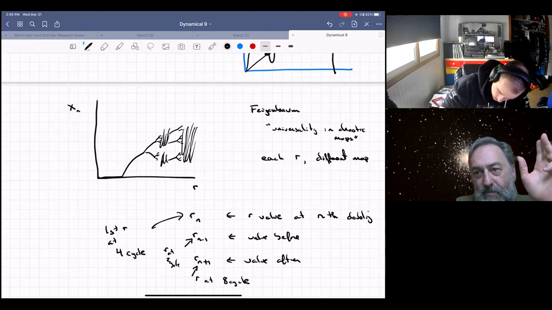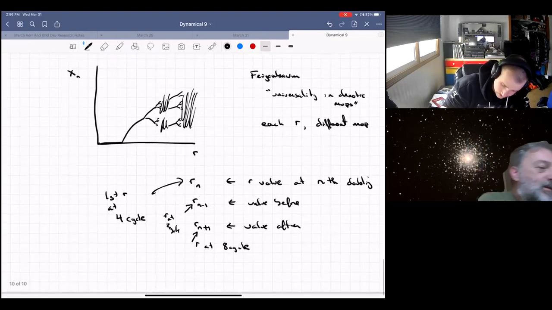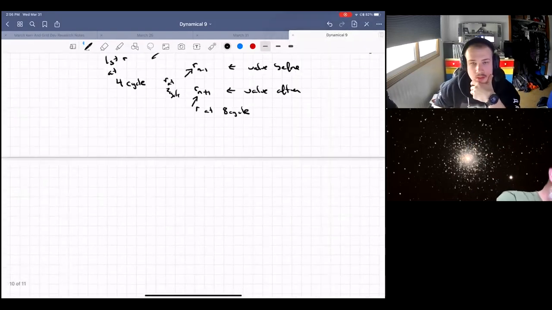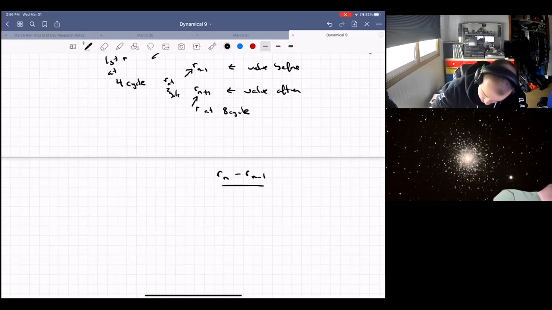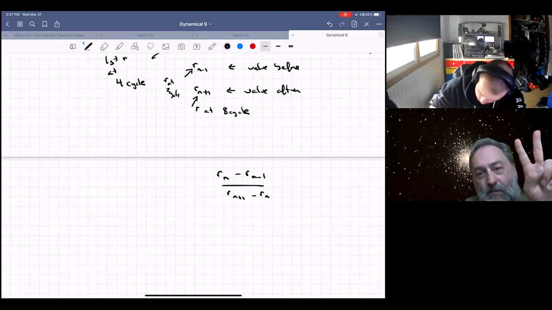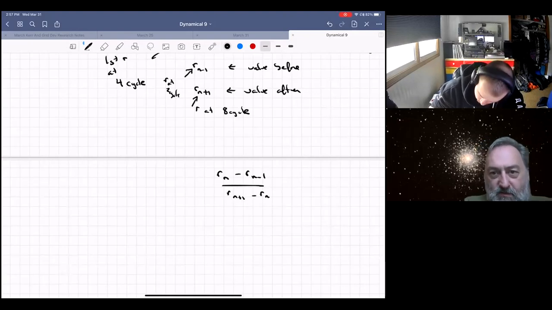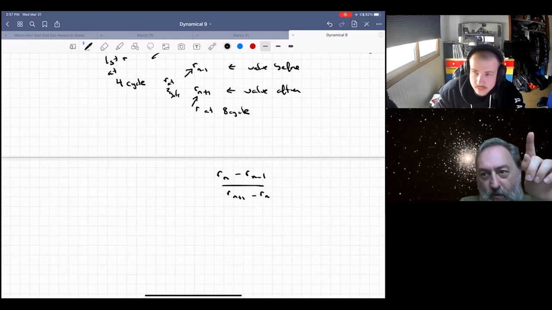And then you make the following ratio. You do Rn minus 1 over Rn plus 1 minus Rn. So in other words, this is the distance between the current one and the previous divided by the distance between the next one and the current one.